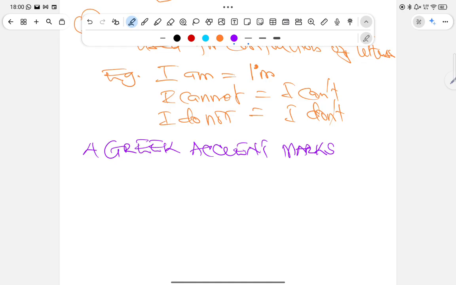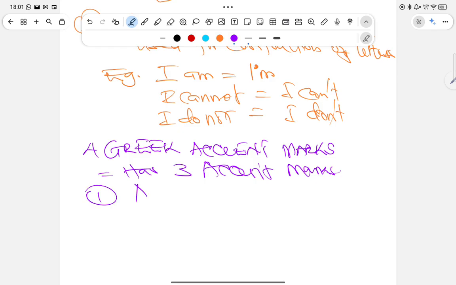I think you're seeing how broadly and richly the Greek language is. These accent marks are, number 1, it's called the acute accent mark.